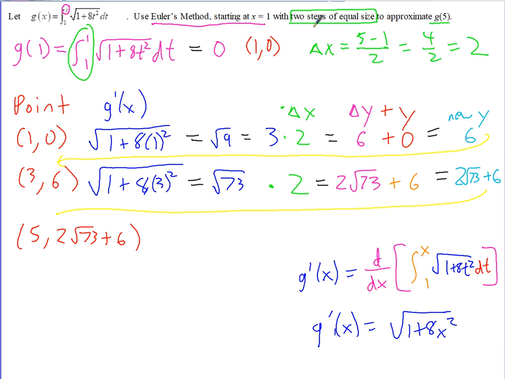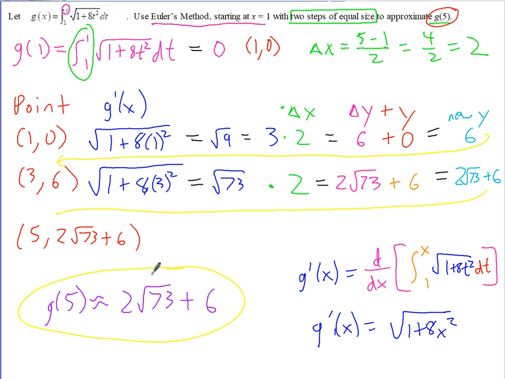Again, that's where we stopped because we went through 2 steps and we were trying to approximate g of 5. So now we can say g of 5 is approximately 2 root 73 plus 6. They don't always work out nicely, your answers there. Sometimes they do, sometimes they don't. All right, that concludes the notes for AP Calculus on the topic of Euler's method continued.